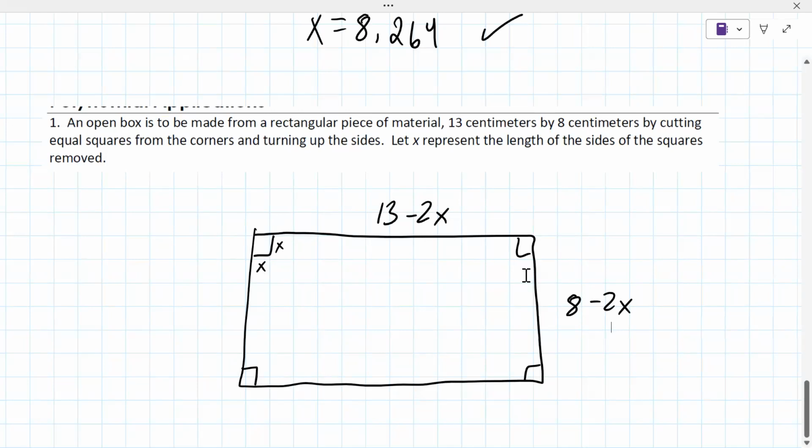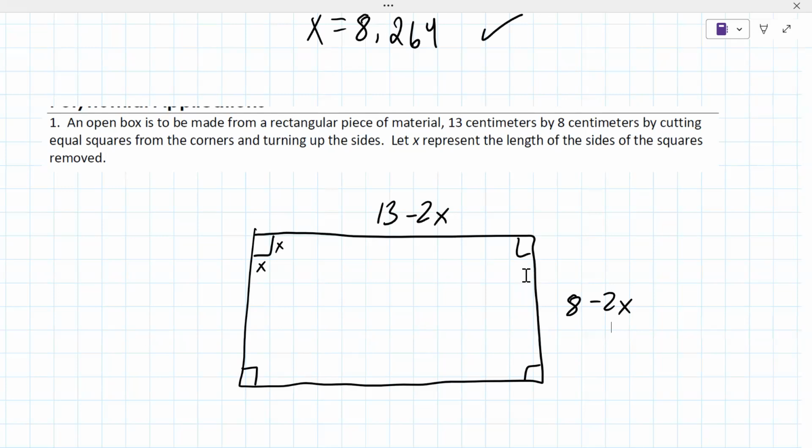Fill it out first. Yeah, that is what I have.